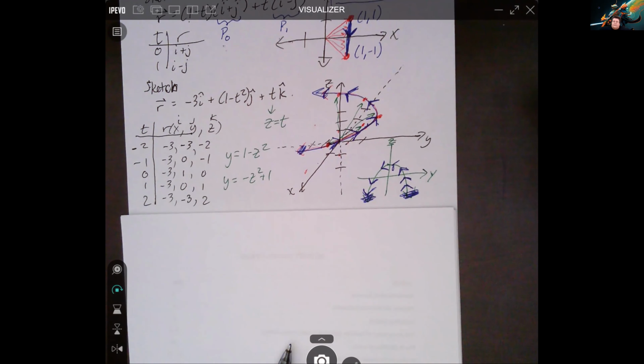So we got this laser pointer, we're tracing out a parabola along the surface. And this is all taking place in the x equals -3 plane, which is into the page. Okay.